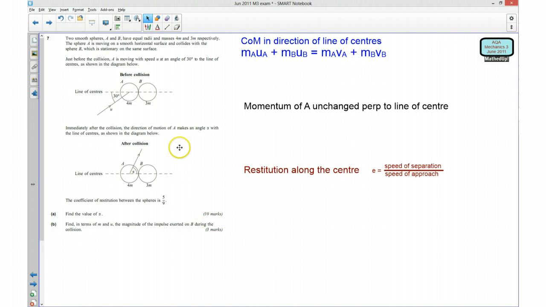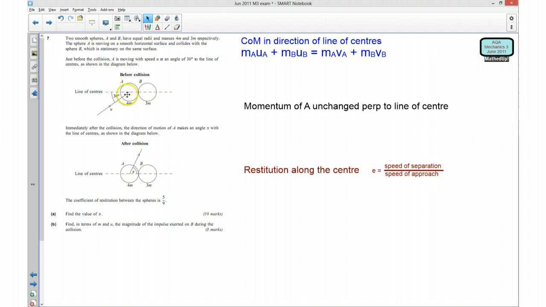So what we're going to do is have a look at 3 different parts of this, and form equations using these 3 parts, and hopefully at the end we'll be able to work out what this angle alpha has to be. So we're going to have a look at the conservation of momentum in the direction of the line of centres.